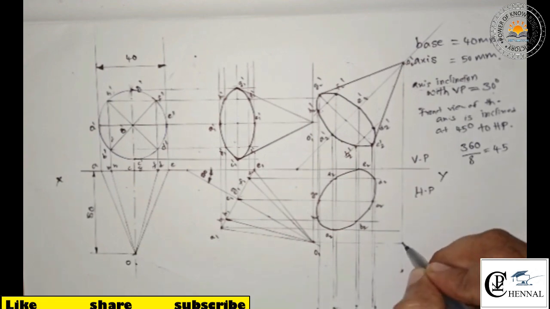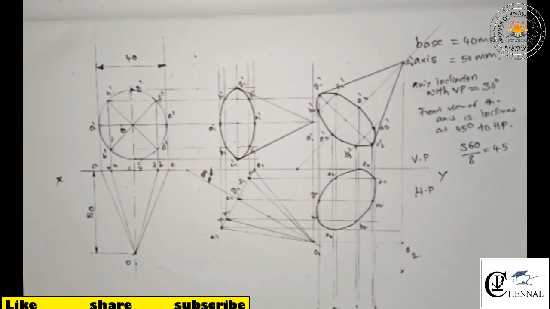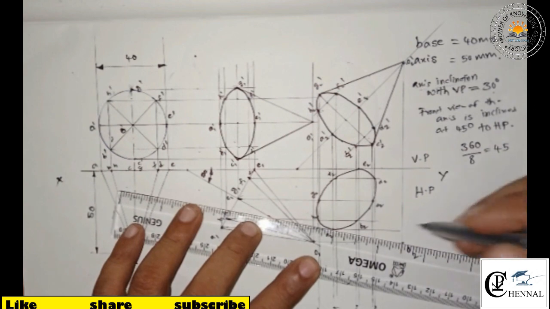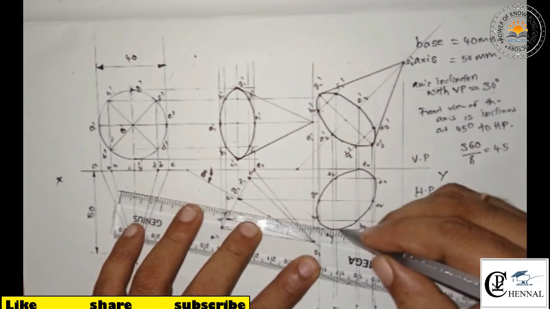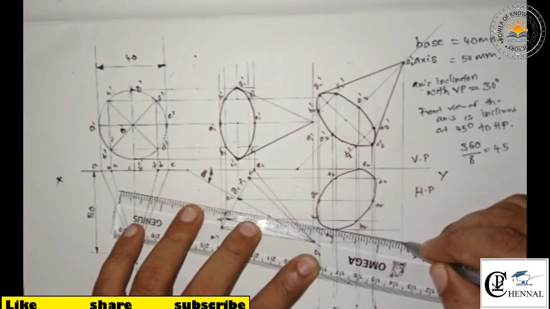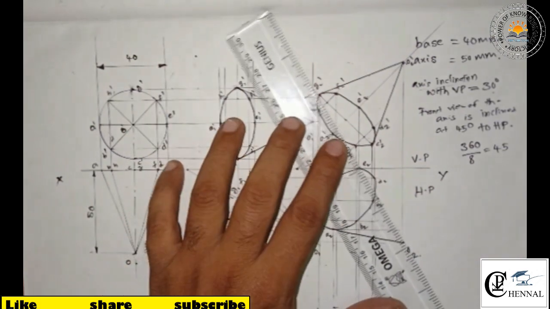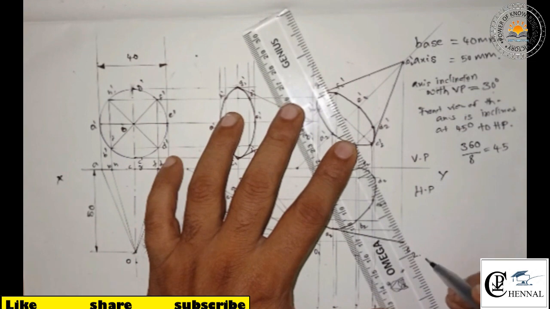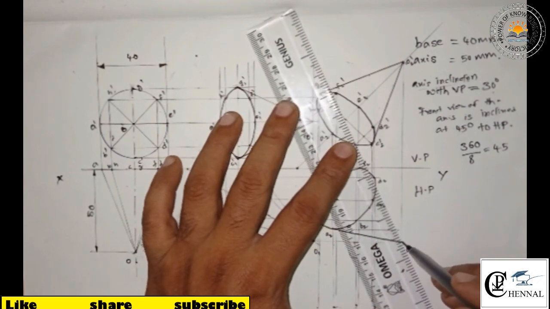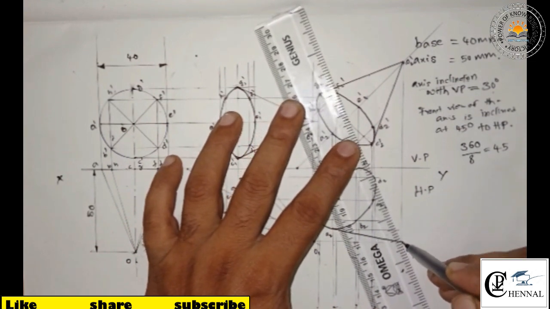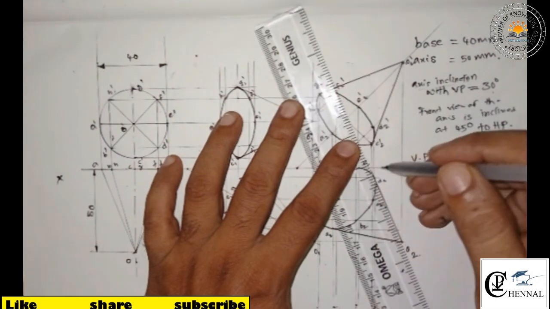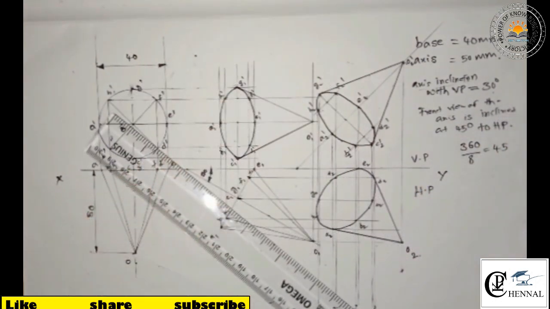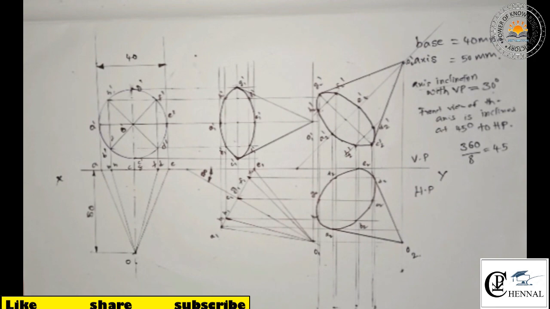And this is the O2. Join the line from O2 to A2 and E2 to D2. Okay, so this is the cone.